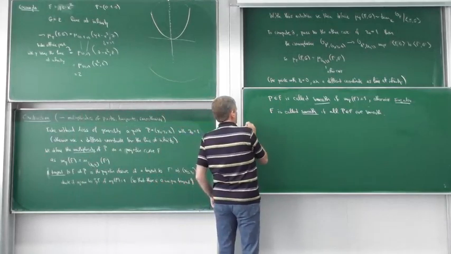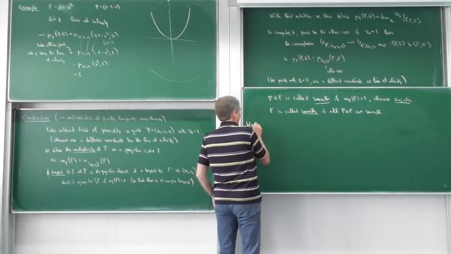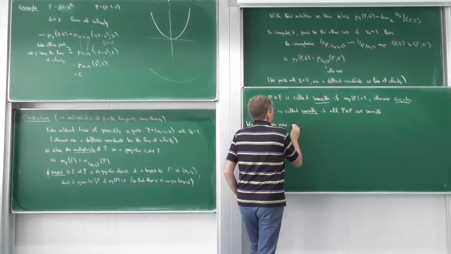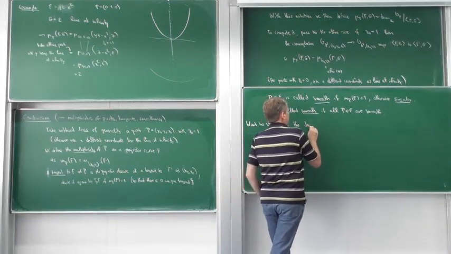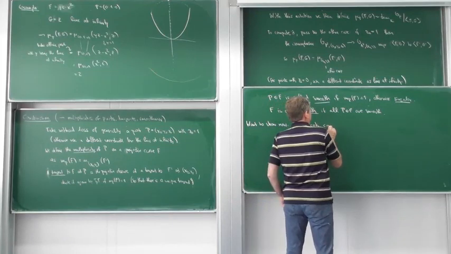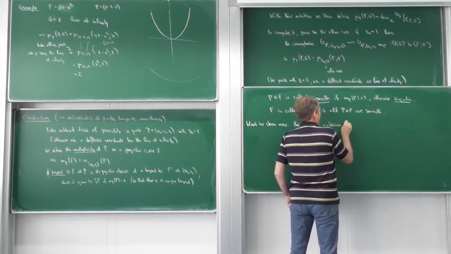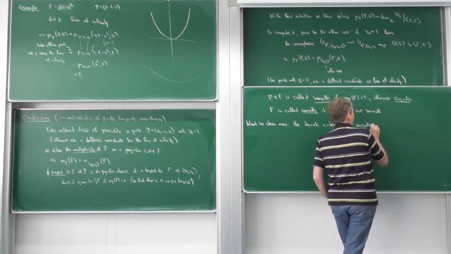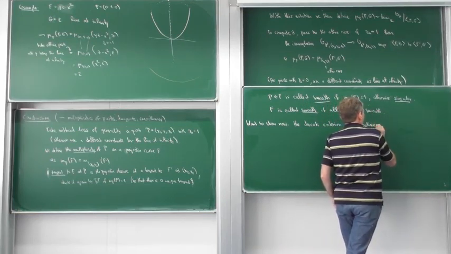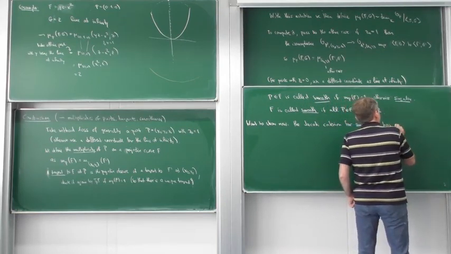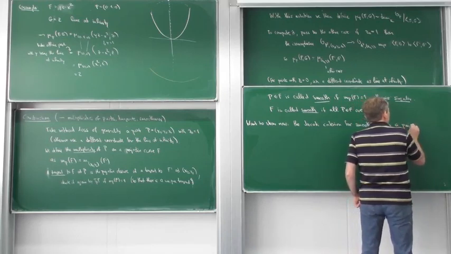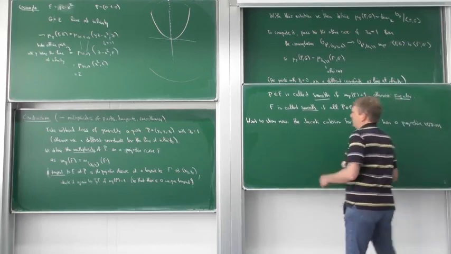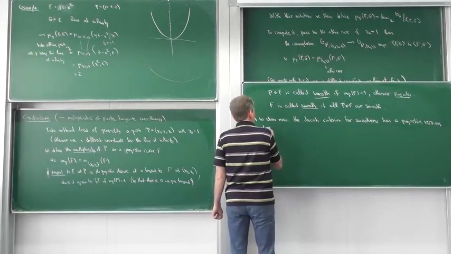So, in fact, we want to show that the Jacobi criterion for smoothness has a projective version for which we don't have to consider affine parts.